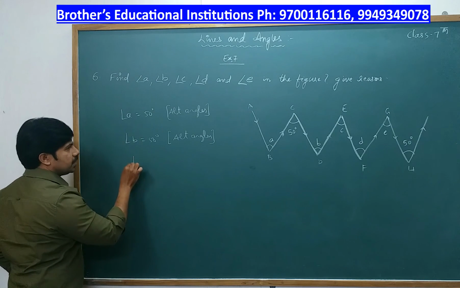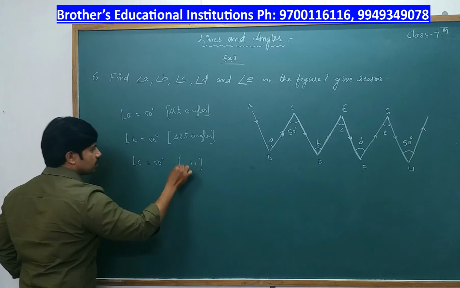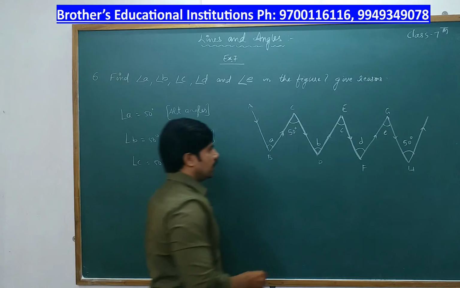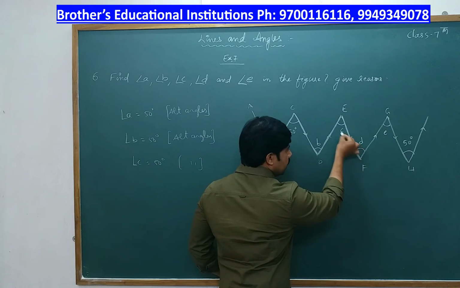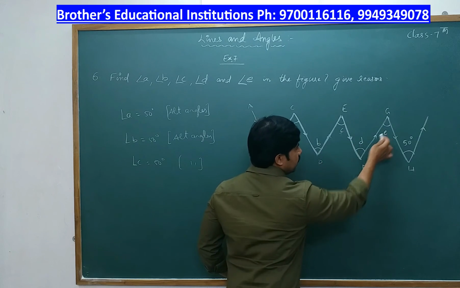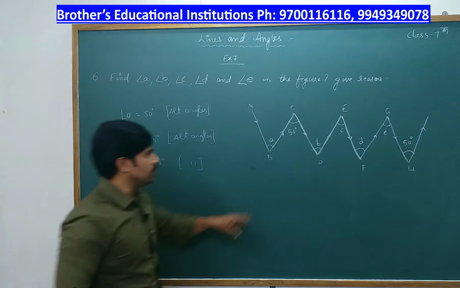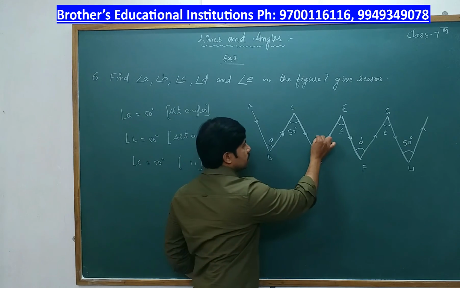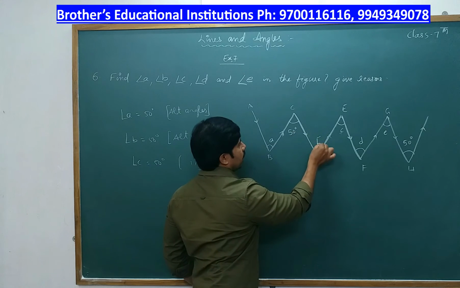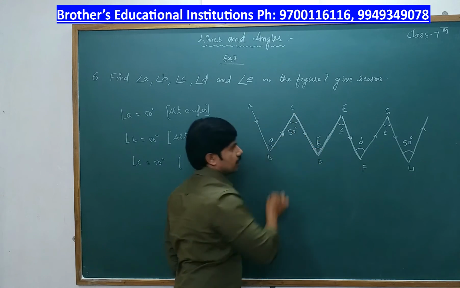So C is also 50 degrees. The reason is alternate angles. Angle B is 50 because these two are alternate angles. The reason is parallel lines and a transversal.